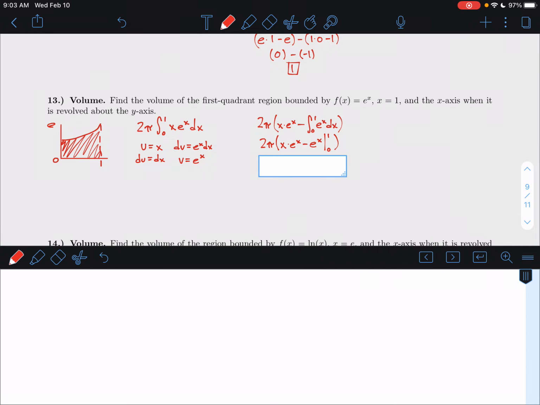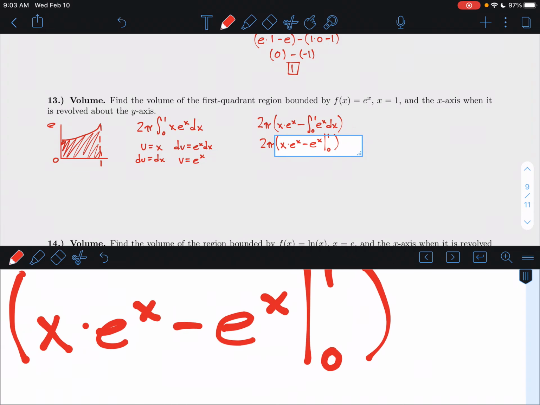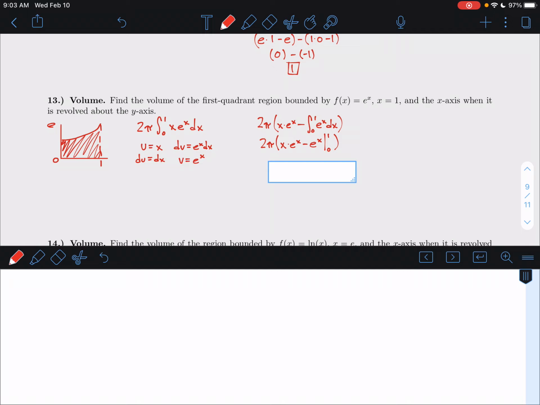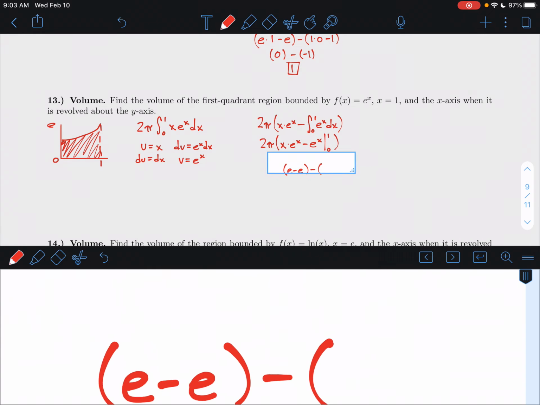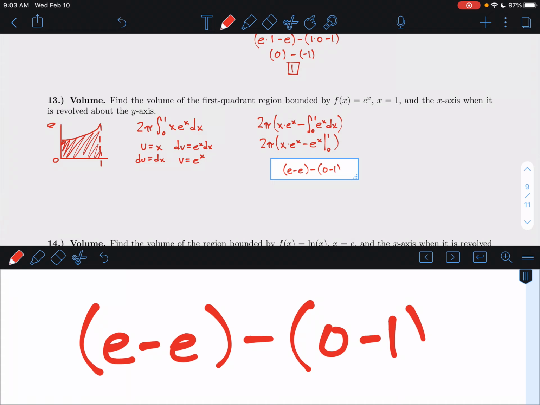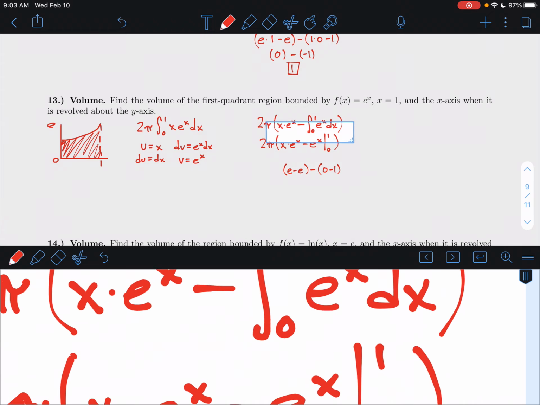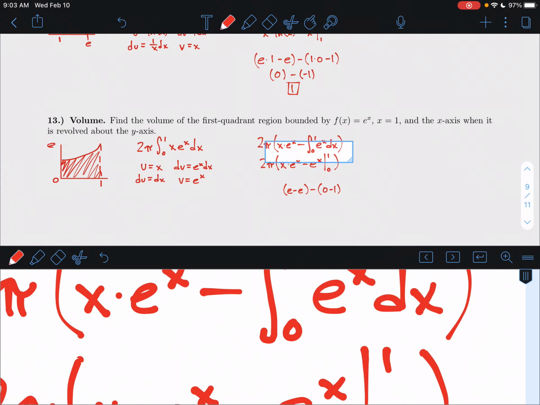So let's see, I plug in 1, so I have 1 times e minus e, so that would just be e minus e, right? Yeah. Minus, and then I plug in 0, that would be 0 minus 1. Looks pretty familiar.